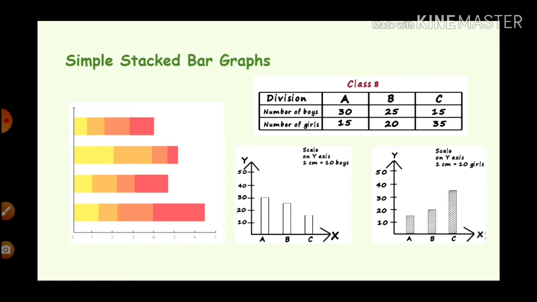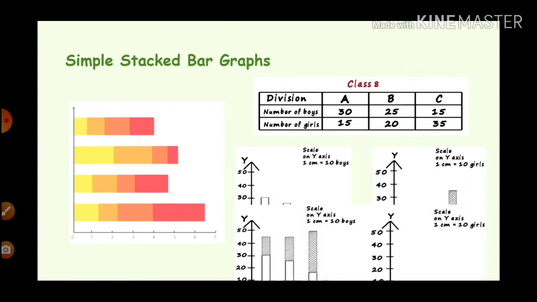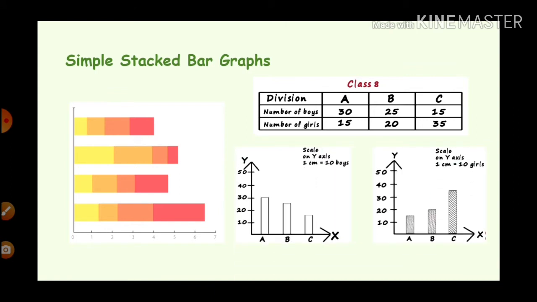Then what is the stacked bar graph? What do you see? The ones on the right-hand side, the girls, just moved up. So A went up here, B went up there, C went up there.